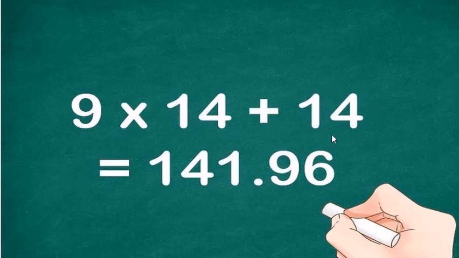Okay, so after that you have to multiply this, and after that you have to add this 14. So the answer is 141.96. Okay, so 9 stones, 14 pounds is equal to 141.96 pounds.